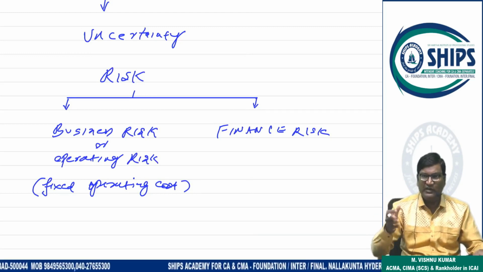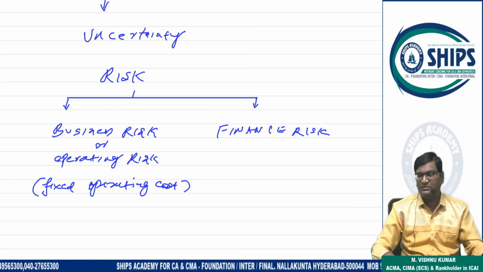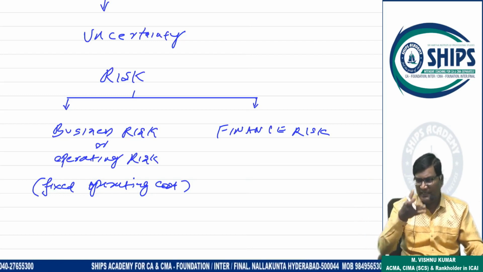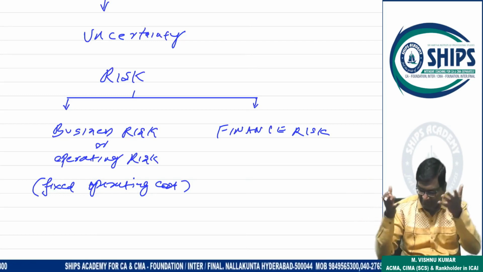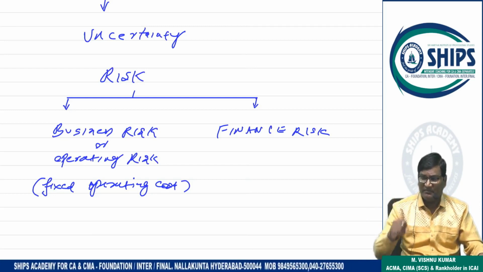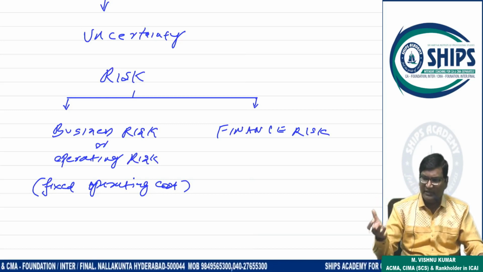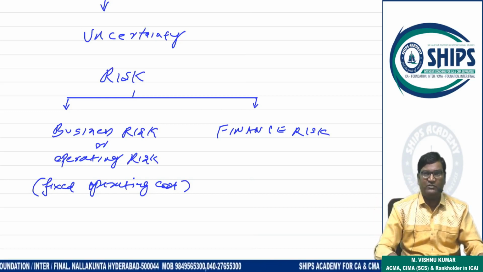So in business also, if demand is high, more production is required, more variable cost. If demand is less, less production, less variable cost, because less raw material and less direct labor are required. But fixed cost, even if there is no demand, we have to incur the fixed cost. If there is demand also, we have to incur the fixed cost.